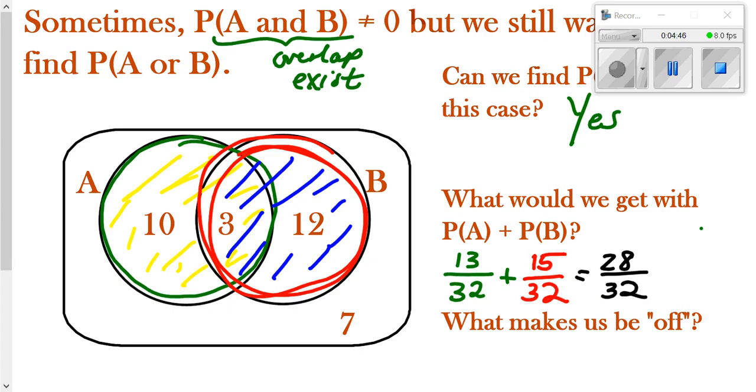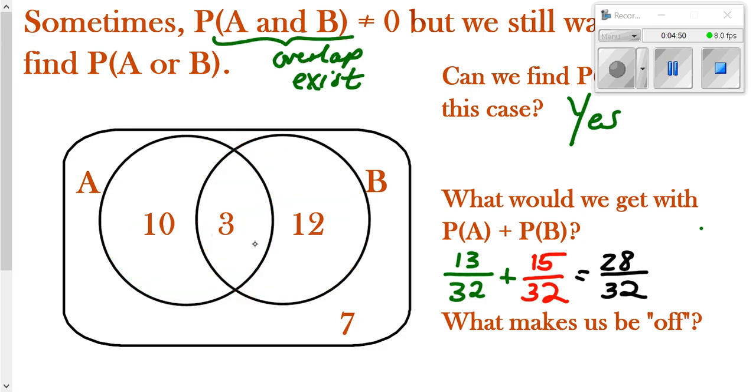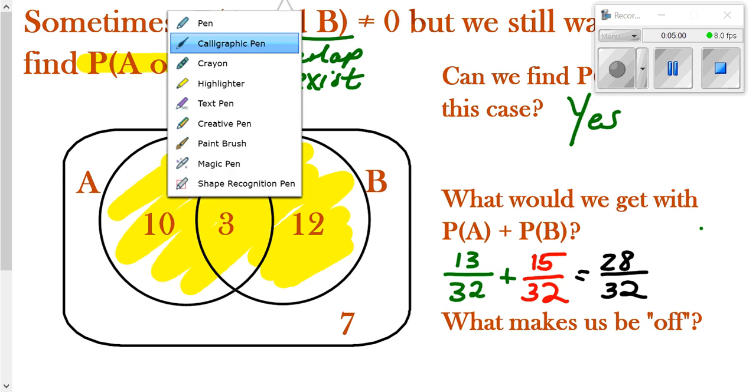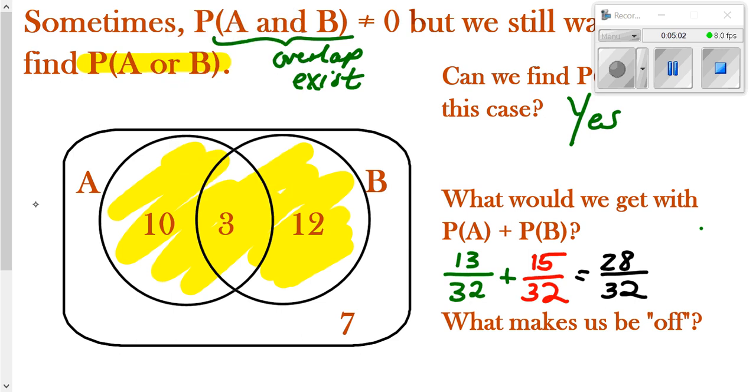Now, without doing that calculation first, I might have looked at my picture and said, okay, being in A or B would be all of this. And if I just add together those three distinct numbers, 10, 3, and 12, I get 25. So 25 out of 32.